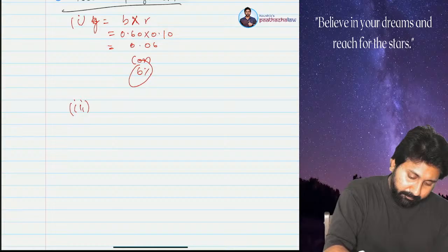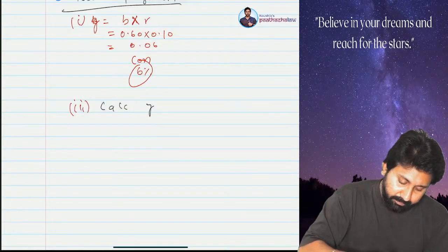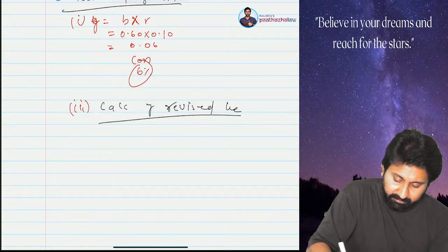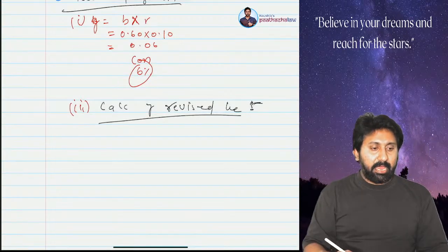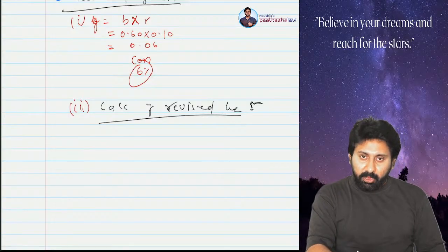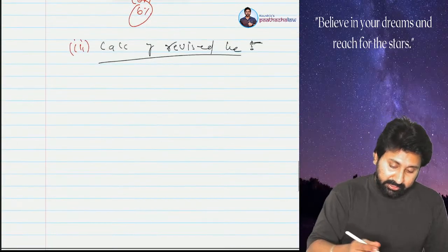Number 2. Calculation of revised KE. Calculation of revised KE. If you do this problem now, you will solve in exam. I am very specific about it. So see there.